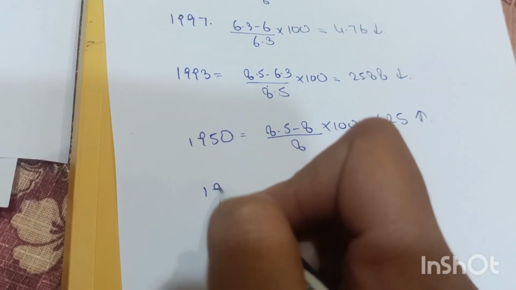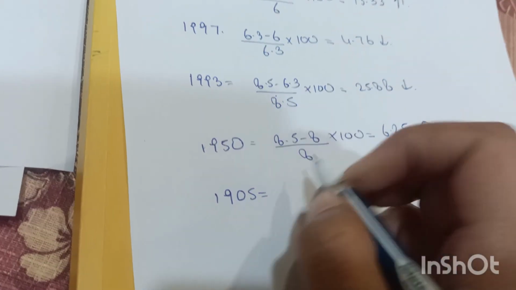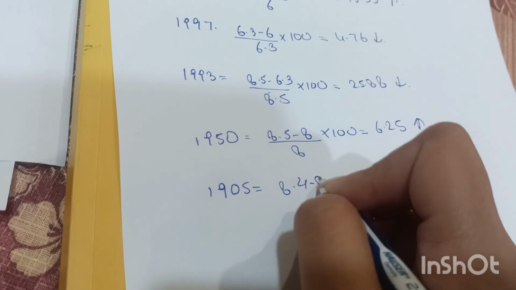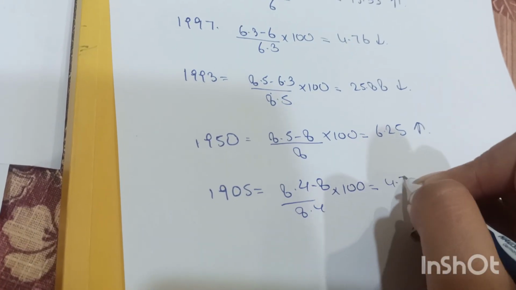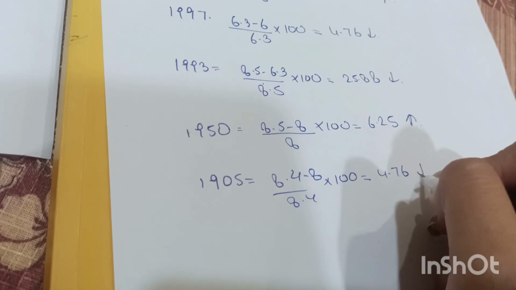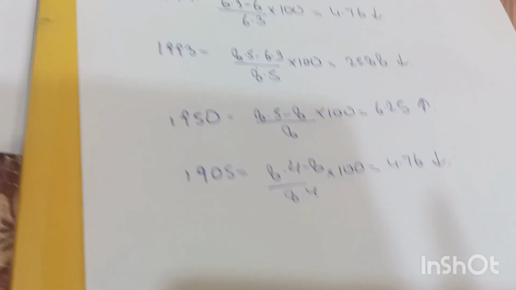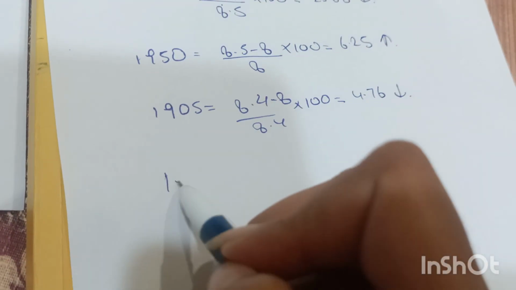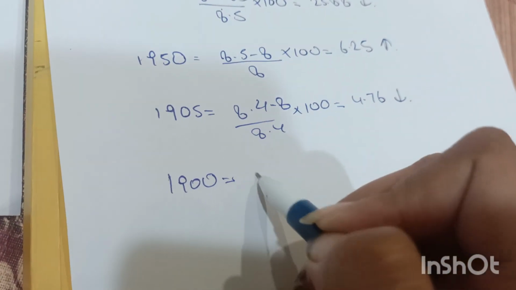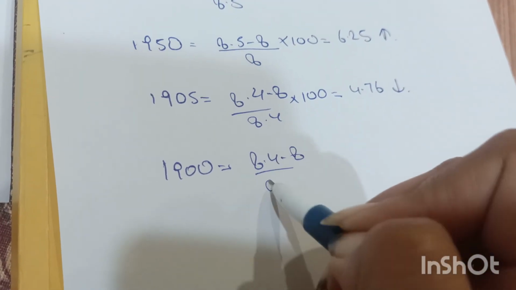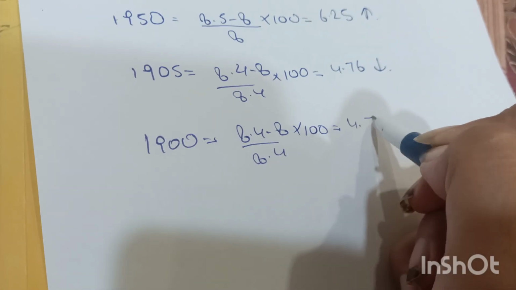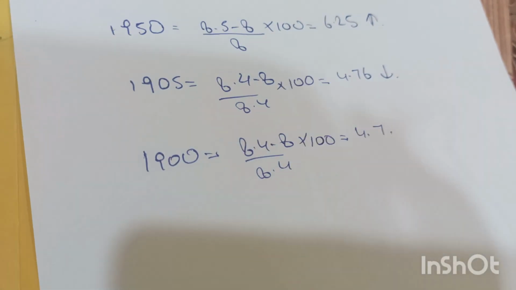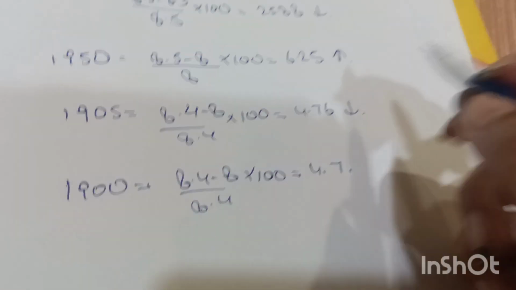Then for 1905 you have to find by 8.4 minus 8 upon 8.4 into 100. 4.76, and there is a decrease. For 1900 you have to do 8.4 minus 8 upon 8.4 into 100. So you will get the value as 4.7, and this is a decrease.